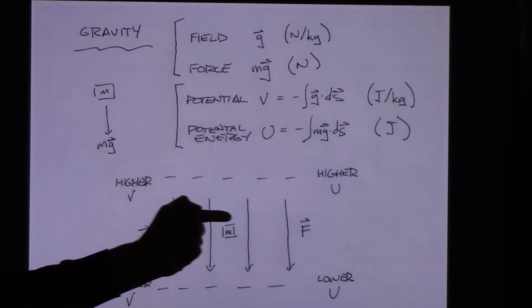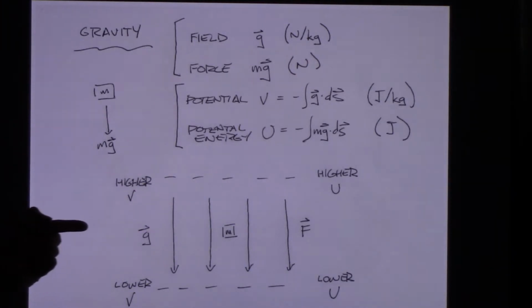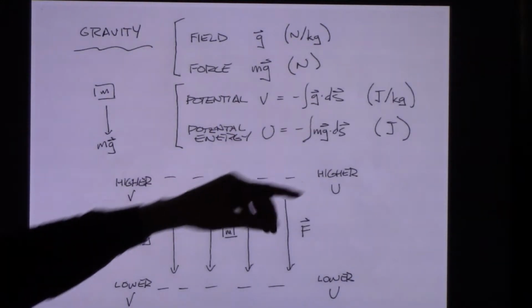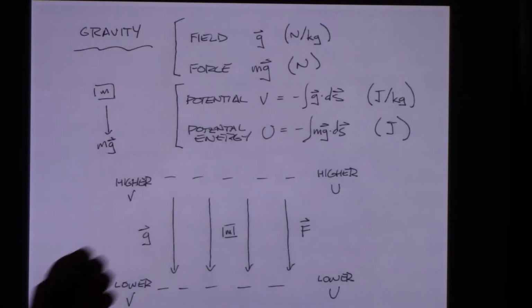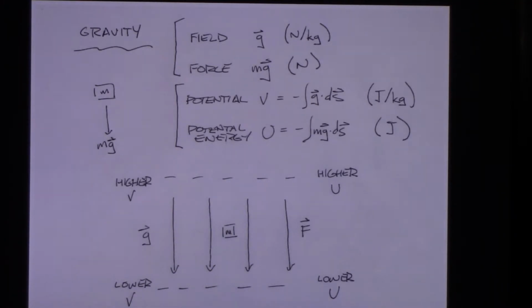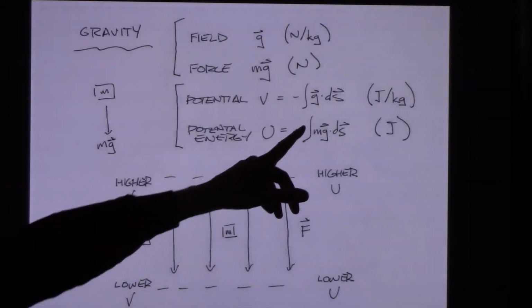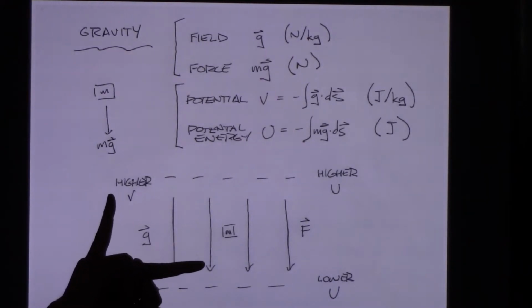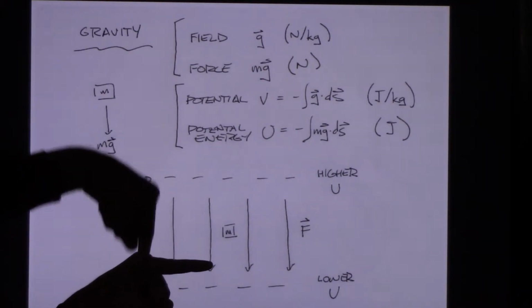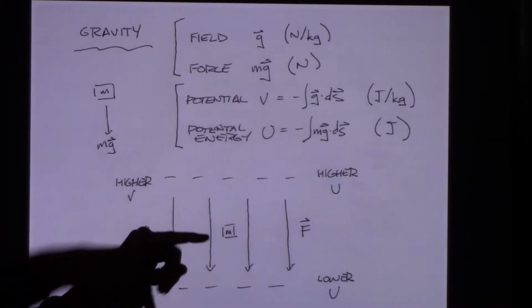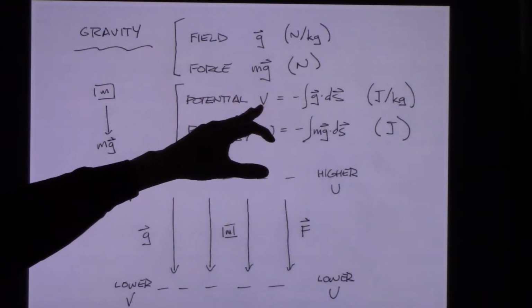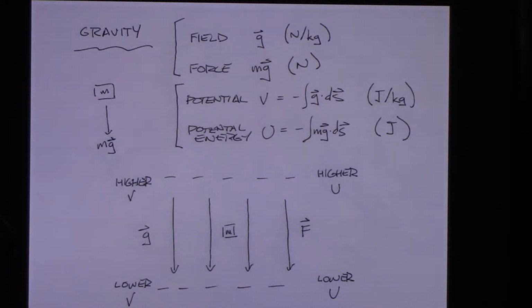What happens if I go sideways? What if I'm following a path defined by ds, and it's going sideways through the gravitational field? Well, then the potential is not changing, because the gravitational field is down and the vector ds is sideways. I only see differences in potential if I'm following the field downwards or following the field upwards.